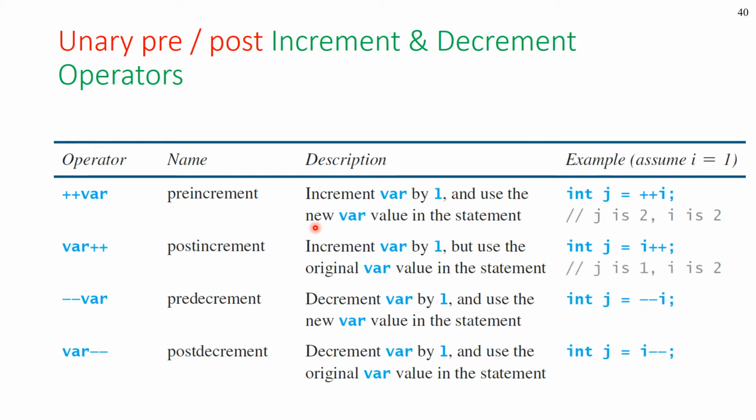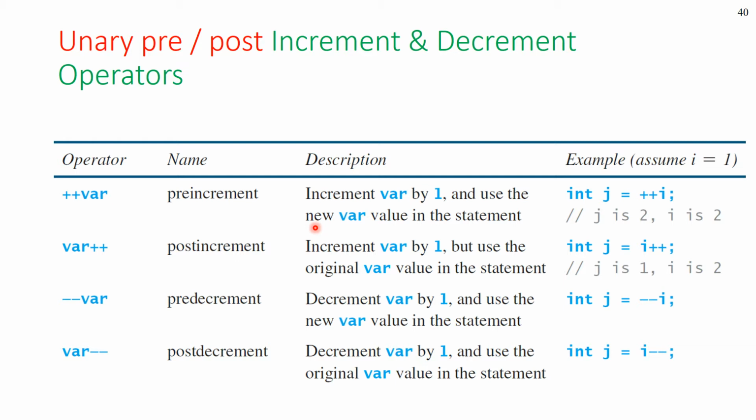Let's take a look at the next one. The next one is post-incrementation. So what does pre and post refer to? It refers to, do you want to use the new value of the variable, or do you want to use the original value of the variable before it was incremented?